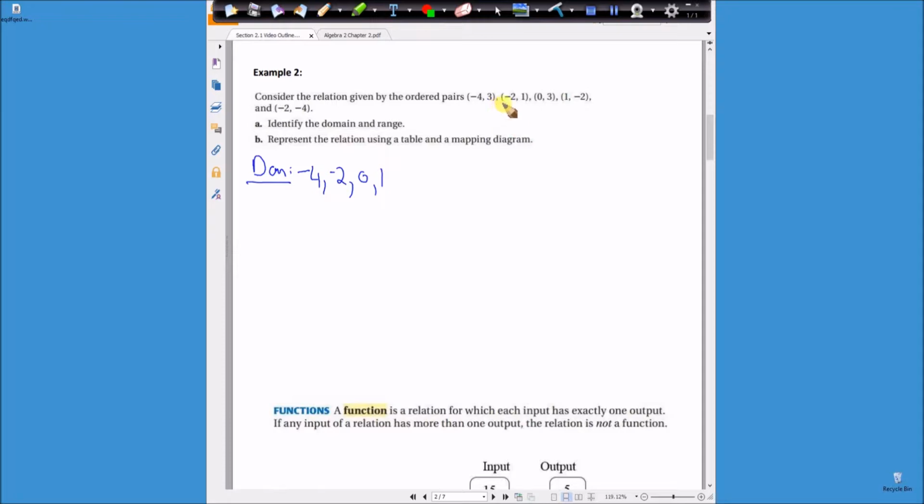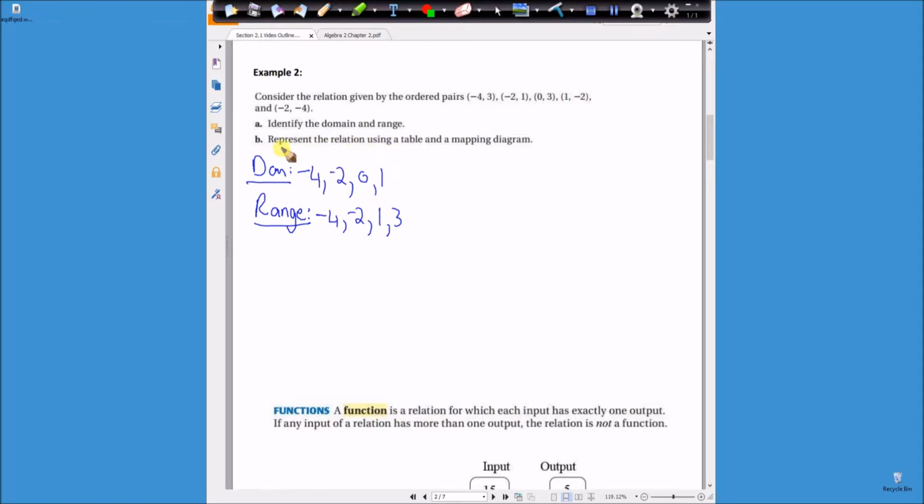You can see here that -2 repeats. And then range, our y values, are -4, -2, 1, and 3. Again, 3 repeats, and I try to keep them in order from least to greatest. All right, so that's the domain and range.